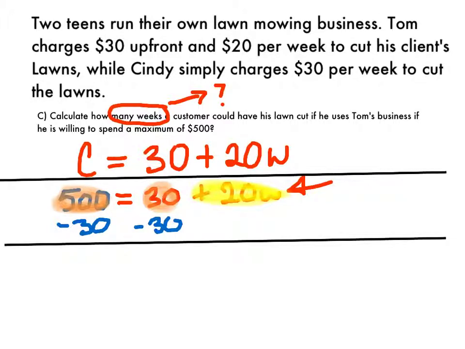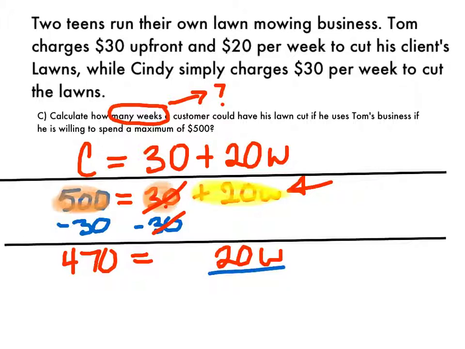And now when we work that out, what we end up with is 500 minus 30 on the left, which is 470, equals 30 minus 30 leaves us with 0 for constants on the right, and that 20W. Alright, so in order to get the W by itself, keeping in mind we've got 20W, in between the W and the 20 is multiplication, so we're going to have to do the opposite operation once again, which is division, and in this case we divide by 20 on both sides.